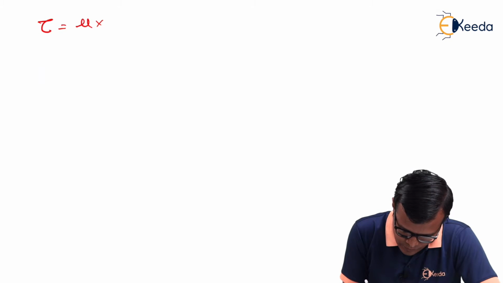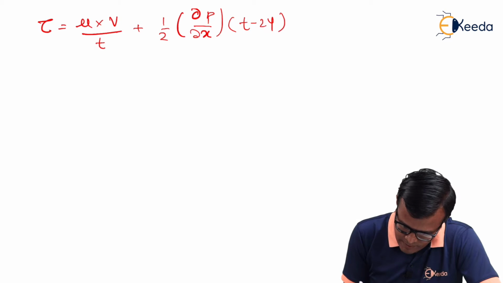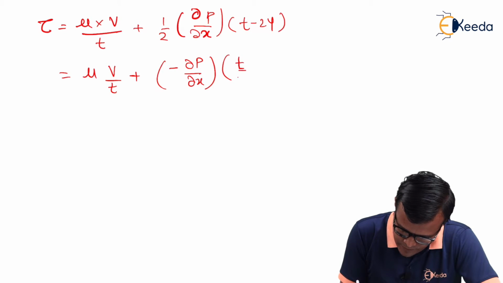So the equation becomes mu into v upon t plus 1 half delta p by delta x in bracket t minus 2y. After simplification, I can write it as mu v upon t plus minus delta p by delta x into t by 2 minus y.